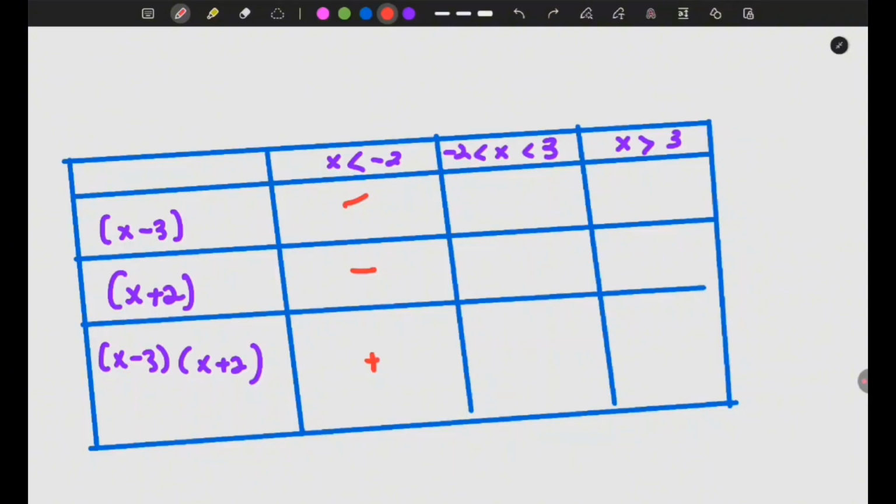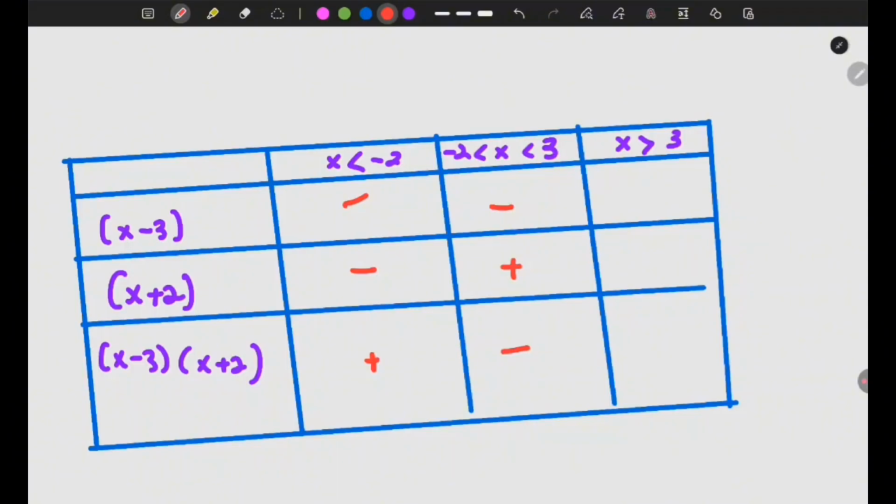So negative, positive, negative. Then x more than 3, maybe it can be 4, 5, 6. Let's take 4. 4 minus 3 is 1, positive, and 4 plus 2 is 6, positive. Positive times positive, you will get positive. There you go, this is the range.